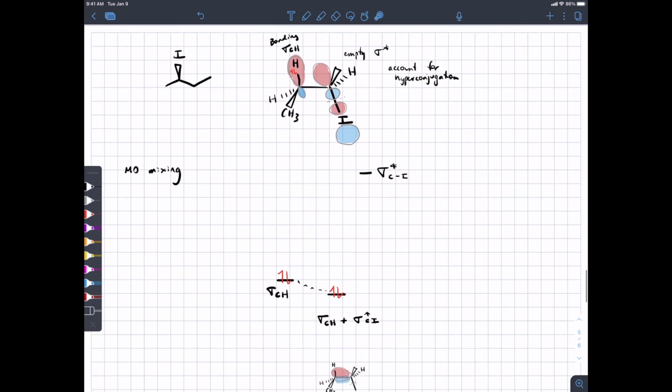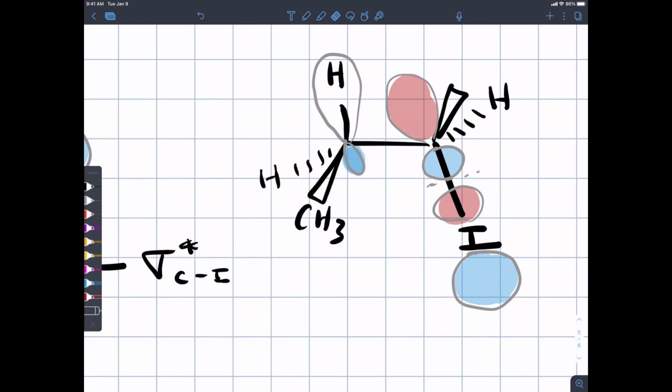What about the minus combination? What would that look like? So let's copy what we drew here. But let's draw the minus combination, and that would be where you add them together but out of phase. So we could put the H blue, and then maybe there'd be a little bit of red there.